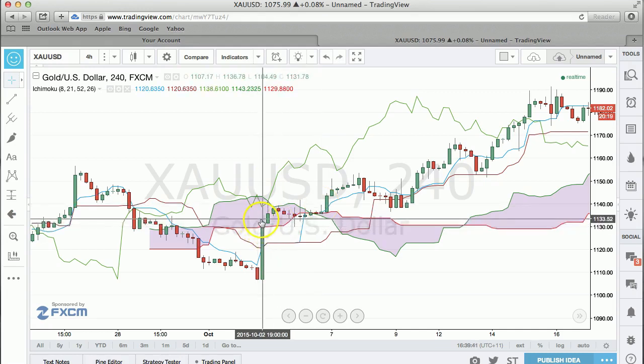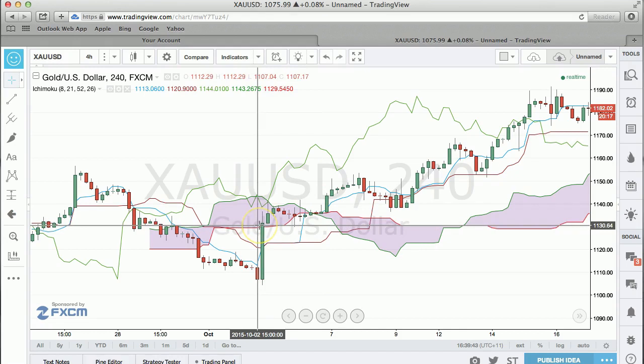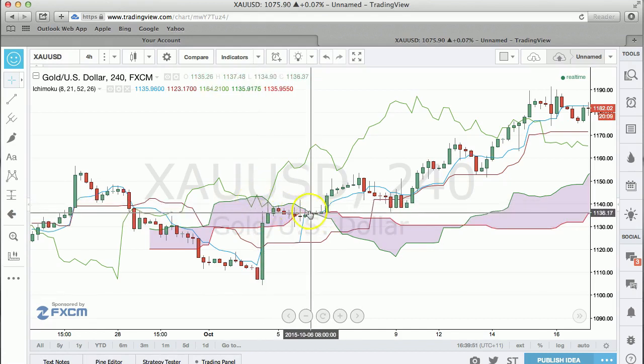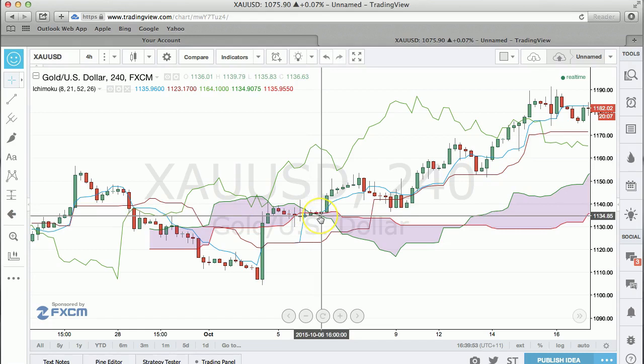When the cloud is thick, support or resistance is strong. When the cloud, such as you'll notice here, is thin, support and resistance is weak.